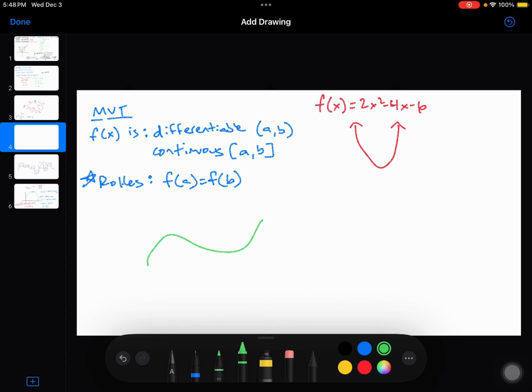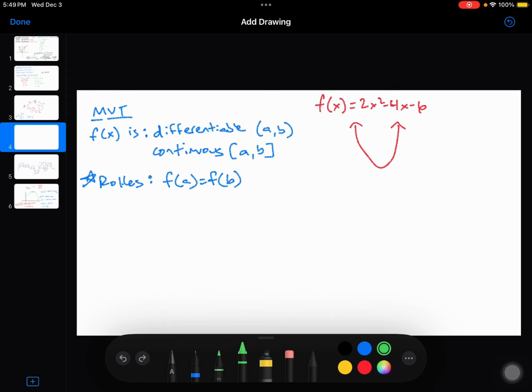It doesn't have any gaps, no holes, no removable discontinuities, like if we had x plus 4, x minus 7 divided by x minus 7. They don't have any asymptotes or parts where the slope is undefined, like we might get with 1 over x, or anytime x is in the denominator. And it's not a piecewise function, so we don't have to worry about a jump discontinuity.